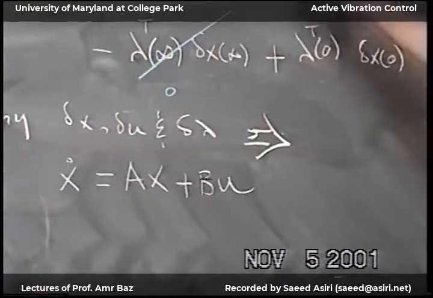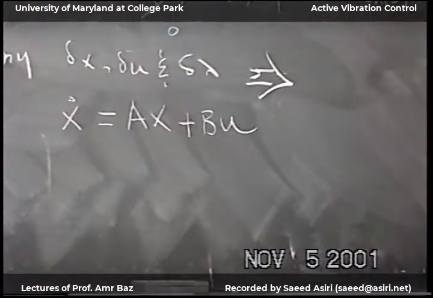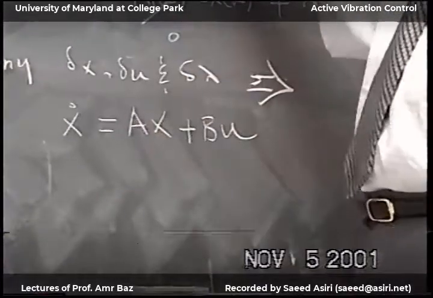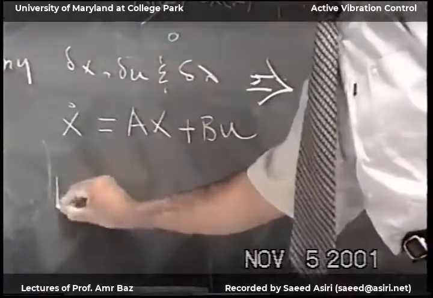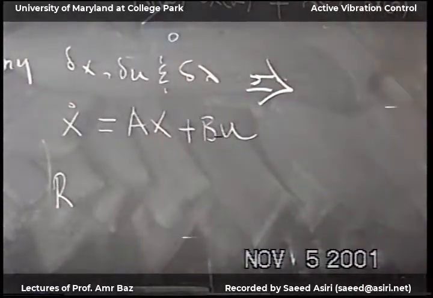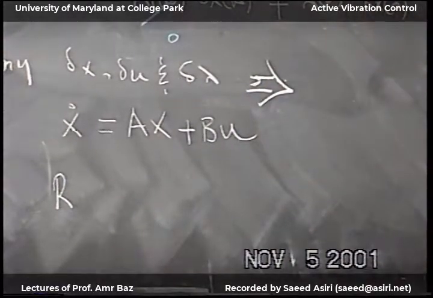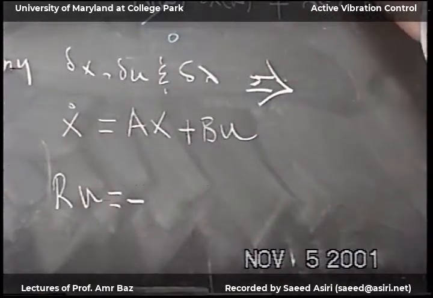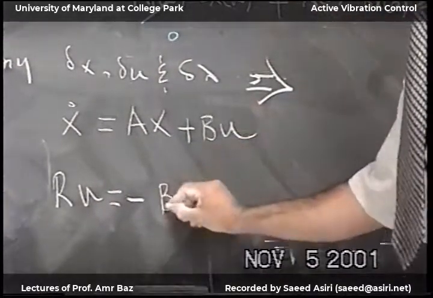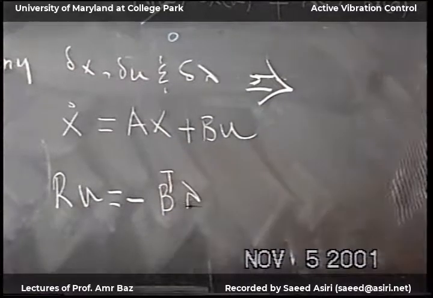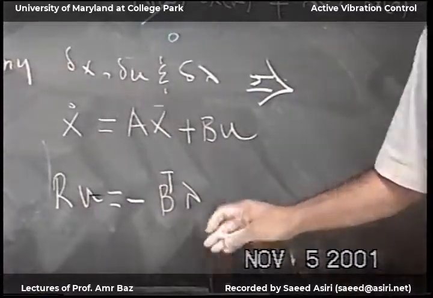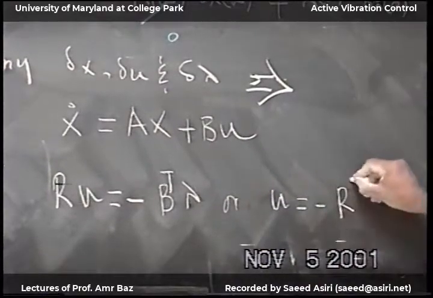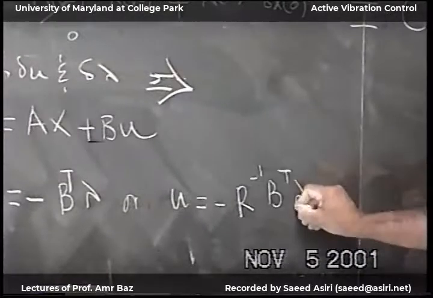Let me rewrite this in the transpose form. So this says R transpose times U. R transpose is the same as R because it's a symmetric matrix. Times U will equal to minus B transpose times lambda. Okay? Or U will equal to minus R inverse B transpose lambda.